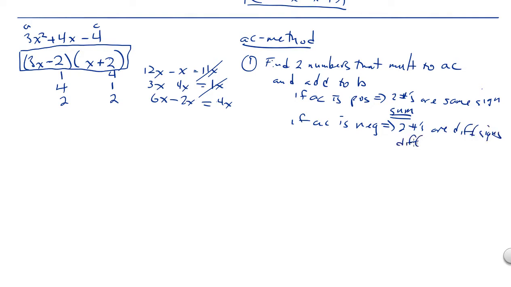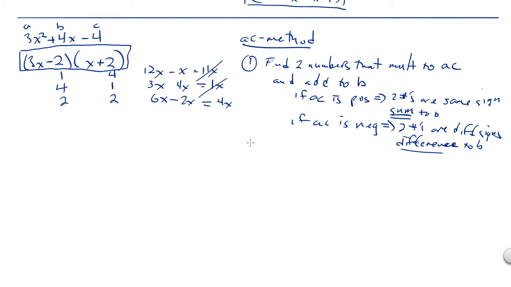And so we're looking at a difference to get to B. Sum to B, or difference to B. And the signs that those are is still determined by the sign on our B. So that process is pretty much exactly the same as before.